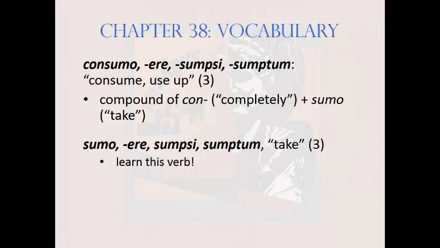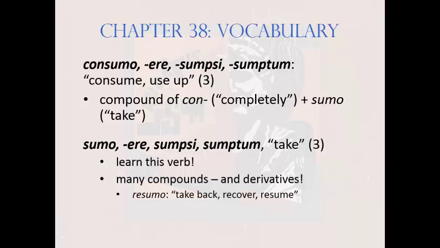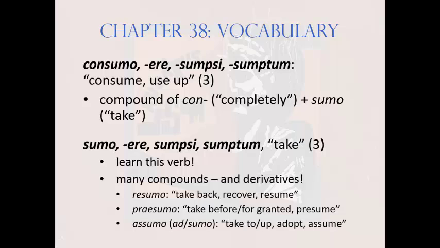Not only is it commonly used in Latin, but it also produced a raft of compounds, which in turn produced a boatload of English derivatives, like resumo, take back, recover, or resume, praesumo, take before, take for granted, or presume, and assumo, that's ad plus sumo, take to, take up, adopt, or assume.